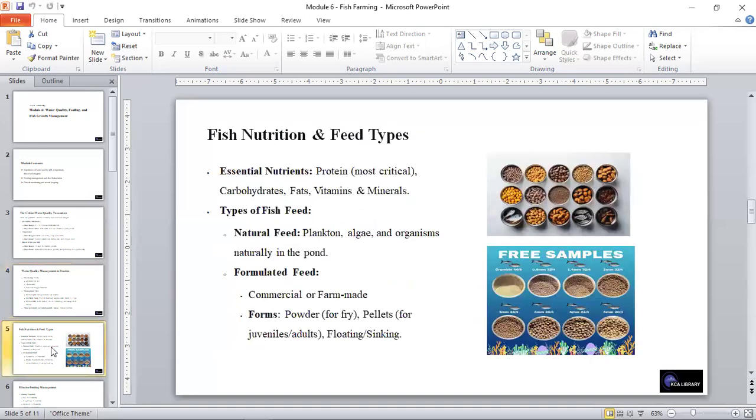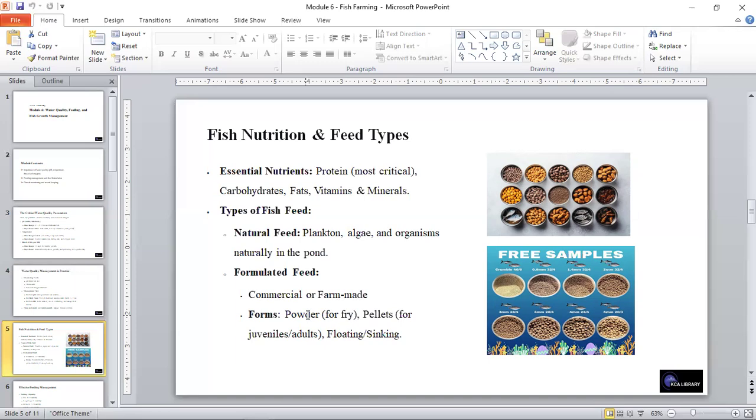We move to fish nutrition and fish feeding, the feed types. Essential nutrients in fish feed include protein, which is the most critical, carbohydrates, fat, vitamins, and minerals. The types of fish feed, we have the natural feed, and there is also formulated feed.